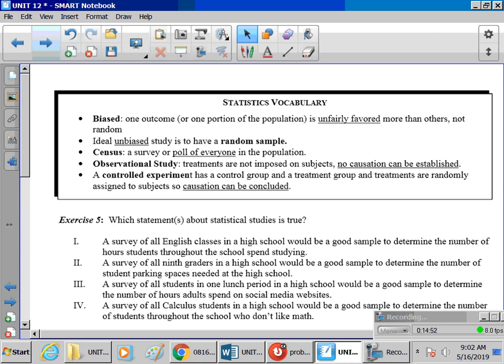So something that's biased might be a survey. If you wanted to have a survey of all the people who drive in Poughkeepsie, you want to know how the roads are. Do they need help being repaired after the winter?